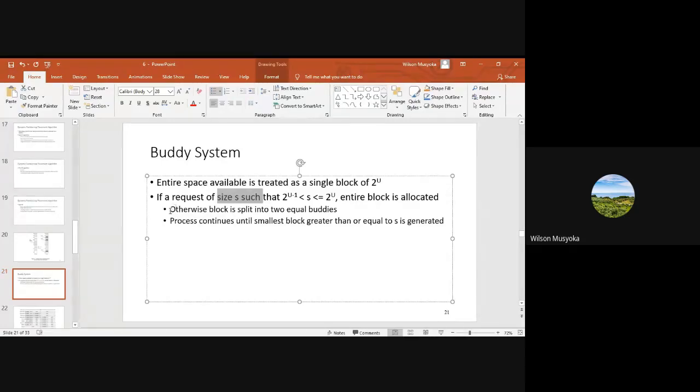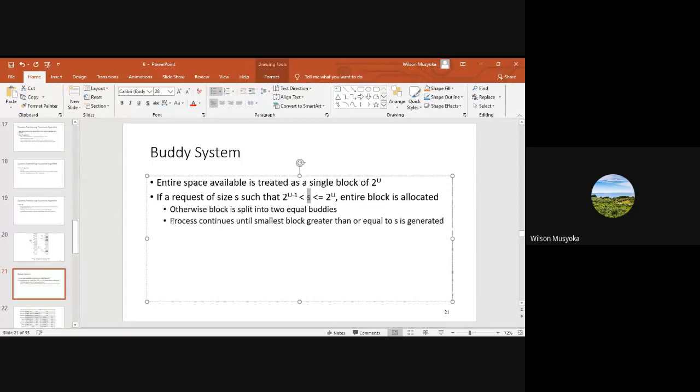That is why we are saying here it is going to be split into 2 equal buddies, or that available memory is broken down into 2 blocks, and then check, is this requested size able to fit in one of the blocks, or is it equal or less than the blocks that have been split.